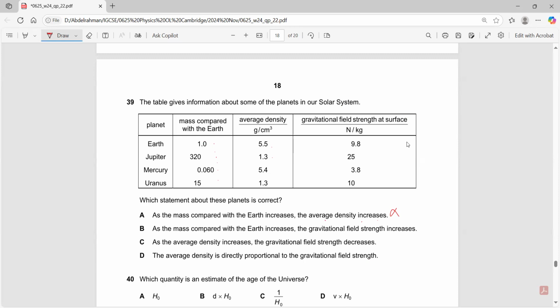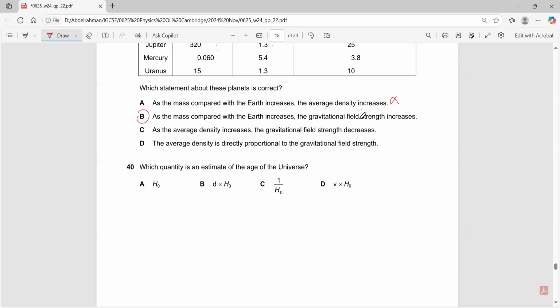Yes, correct. So as it increases, the gravitational field strength increases. So B is correct.